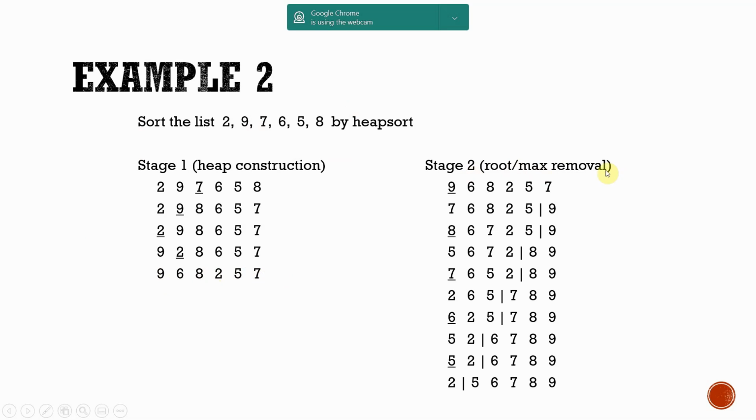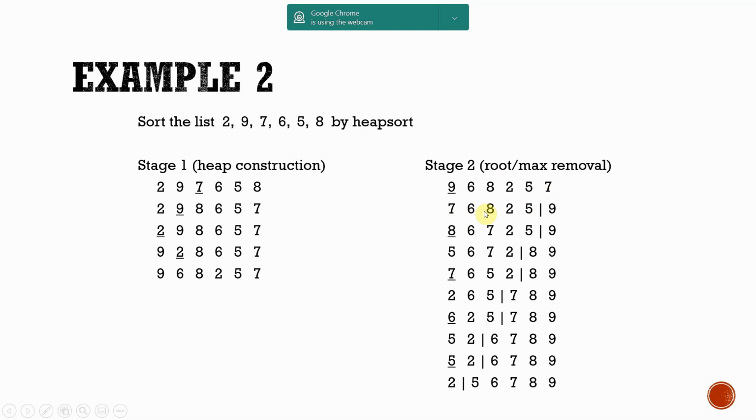Stage 2 is root or max removal, right? So you see that we remove the root. The root is going to go into the sorted section. The last element of the heap is going to replace the root. And then for this one we have to do bubble down again.